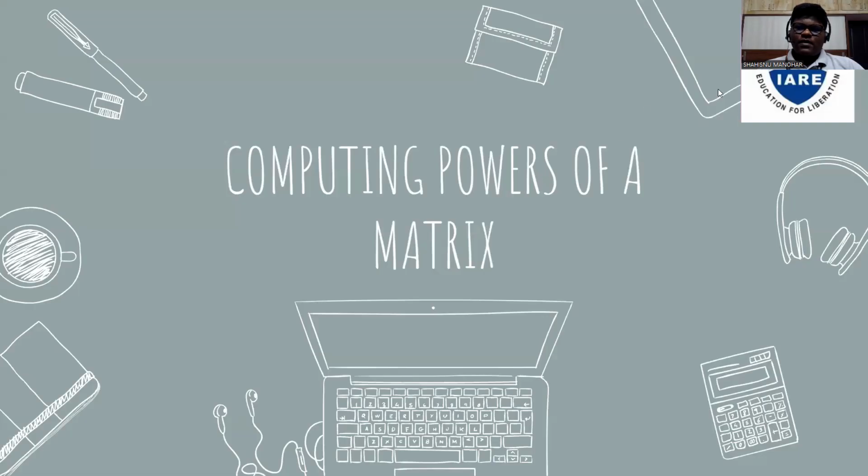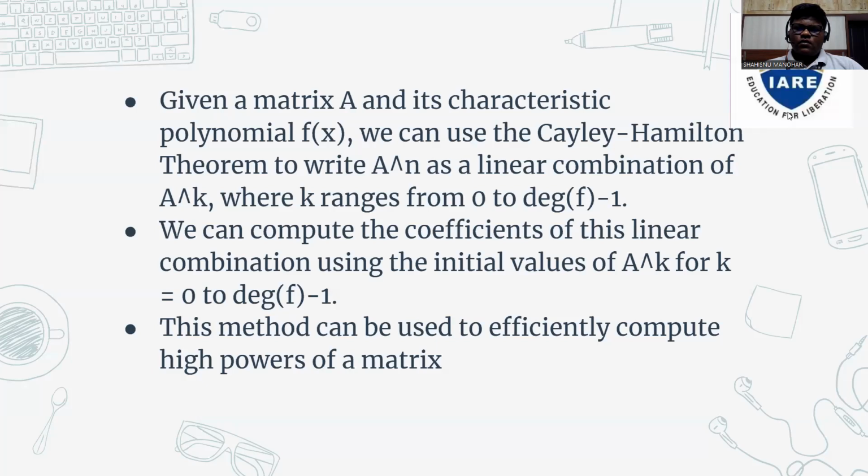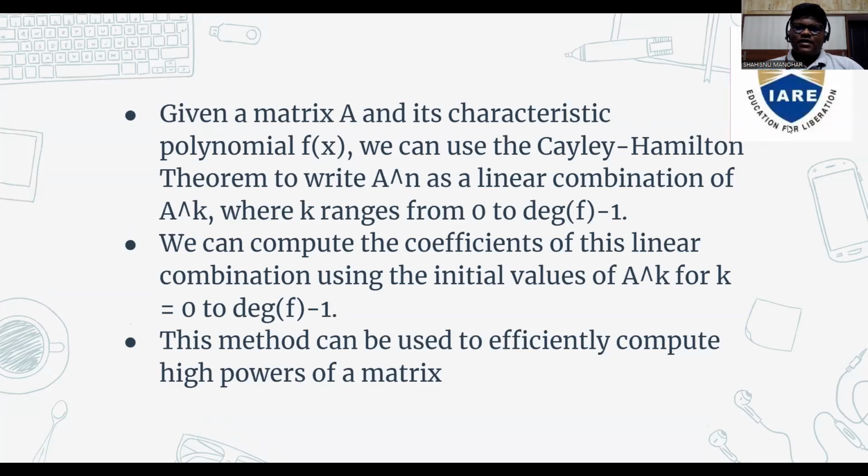Now coming to the main topic of our PPT, computing powers of a matrix using the Cayley-Hamilton theorem. Given a matrix A and its characteristic polynomial f(x), we can use the Cayley-Hamilton theorem to write A to the power n as a linear combination of A to the power k, where k ranges from 0 to the degree of f minus 1.